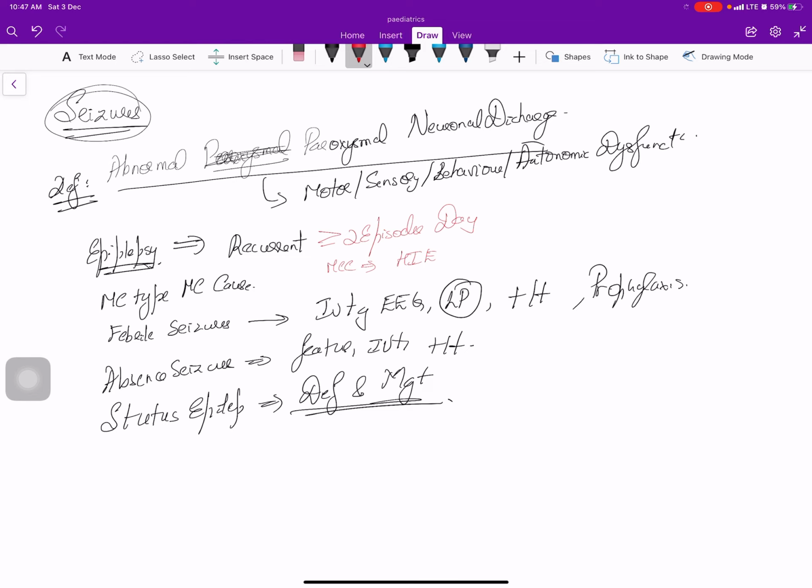And in older kids, we have febrile seizures. The most common type would be subtle seizure. I didn't know this was a type. I thought it was absence seizures, but let's see. Subtle seizures, and in older kids, we have GTCS.